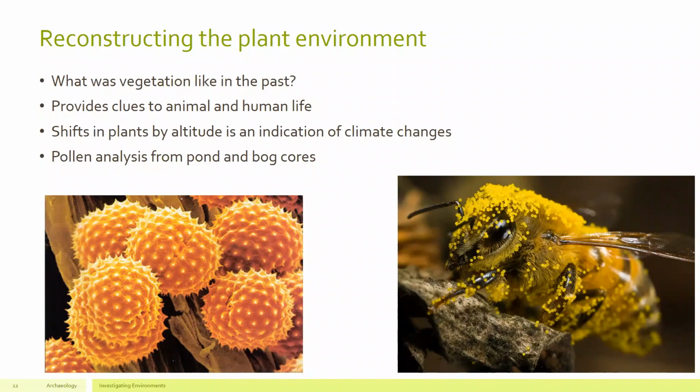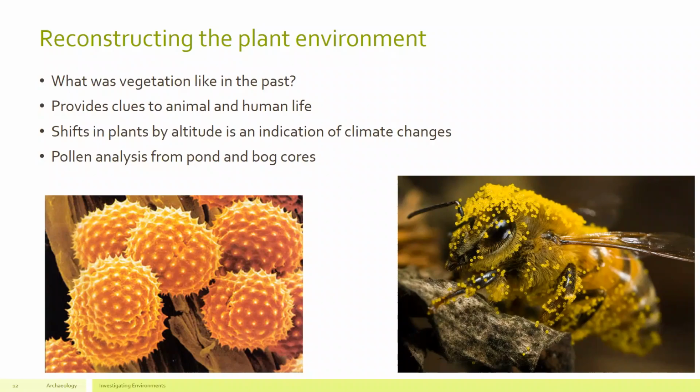So we can analyze pollen from different places. One excellent source of stratified pollen through time are ponds and bog cores. Particular characteristics lead to better preserved sedimentation rates.